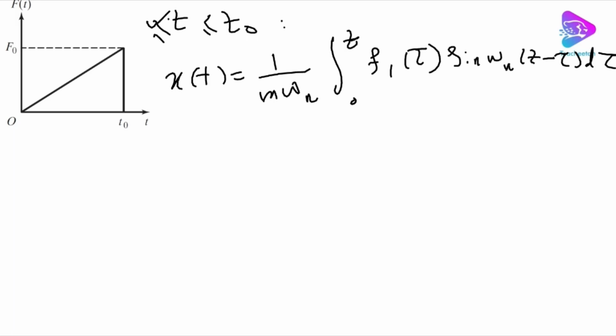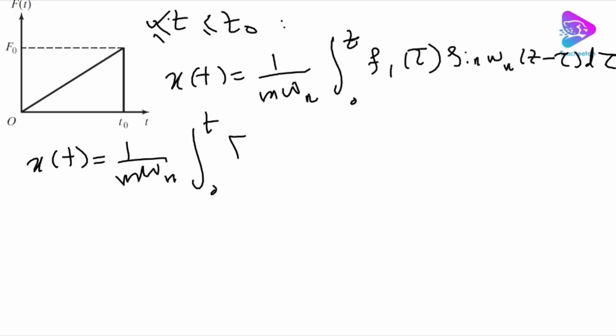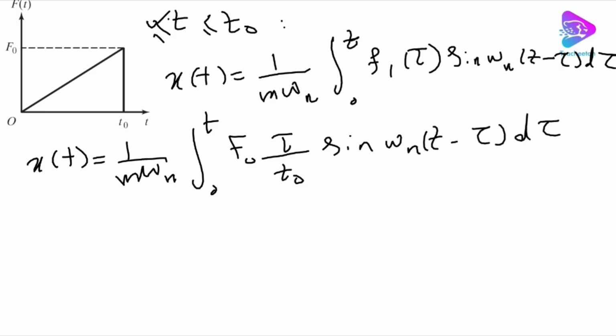What was f1? It's f naught tau divided by t naught. So the rest is just integration.